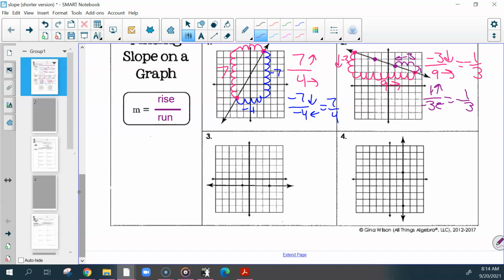So, one way to kind of remember which one is which, and this will make even more sense when we get into graphing, which slope is which. I use these letters.